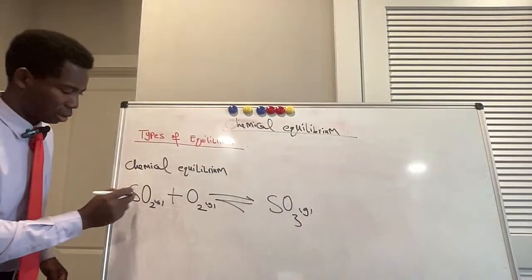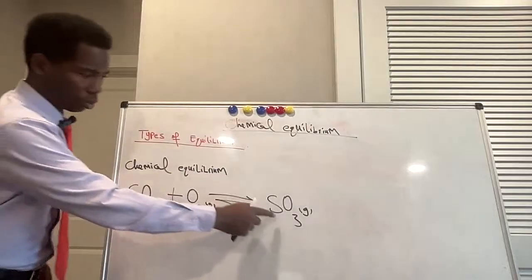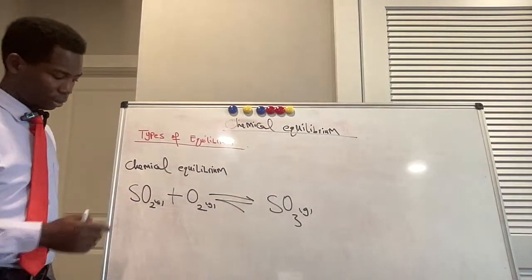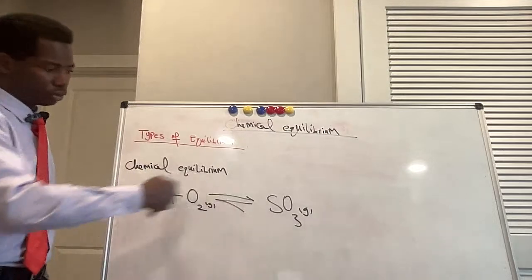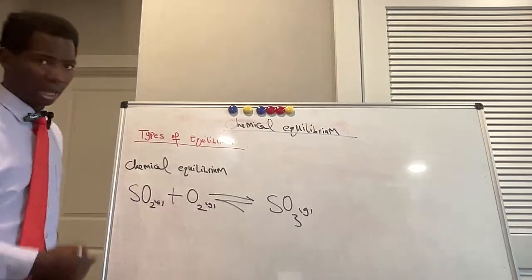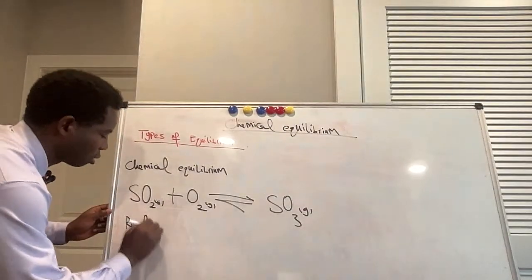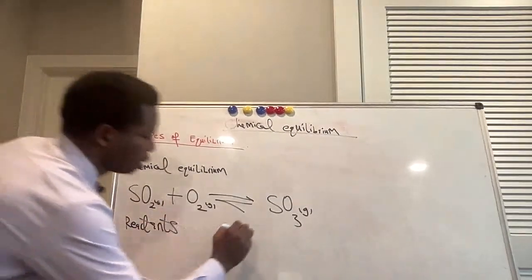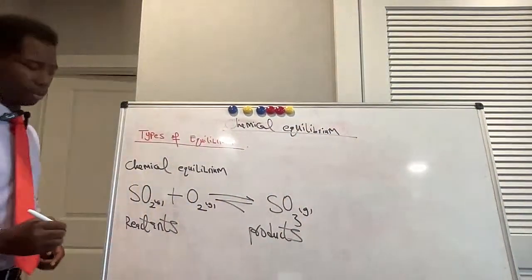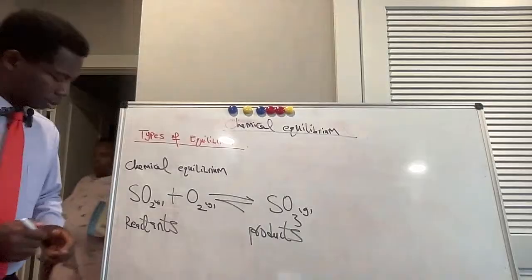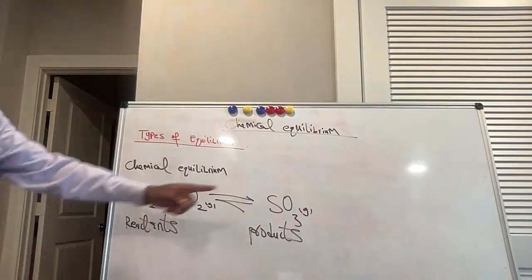Now we can see sulfur is 1. Sulfur is balanced. Both atoms of sulfur on both the reactant and product sides are balanced. Don't forget these are our reactants and these are our products.